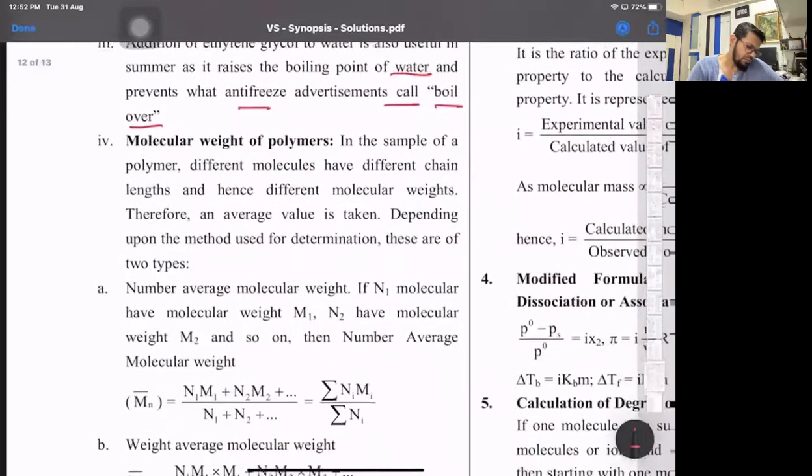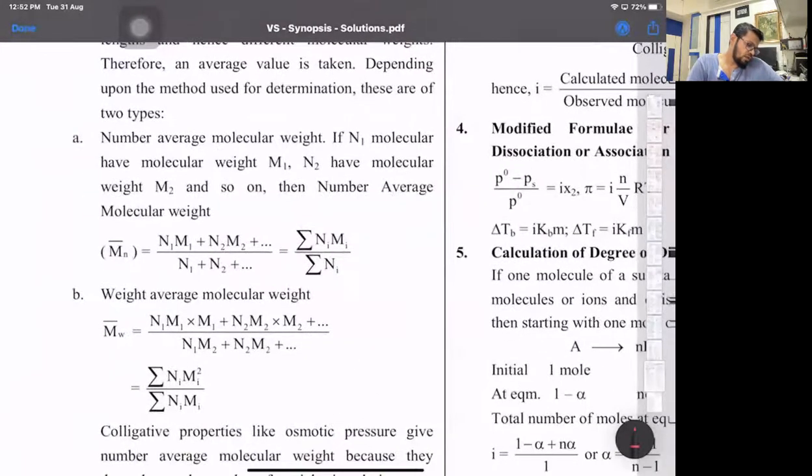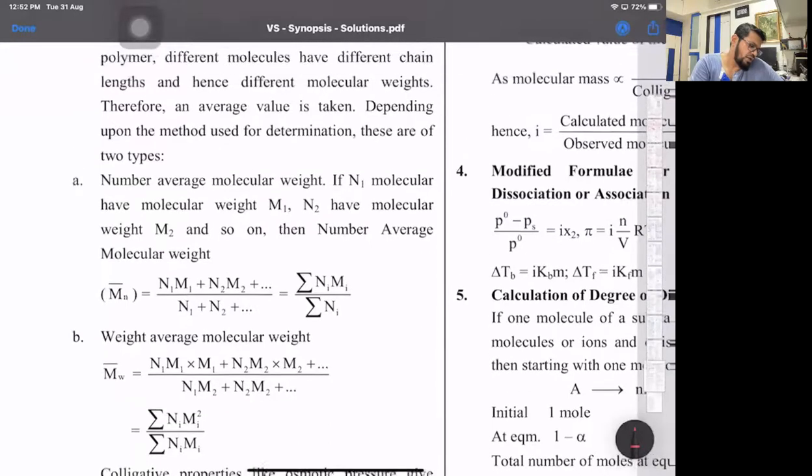Molecular weight of polymers can be found. Then number average molecular weights and weight average molecular weights can be found out. This is basically if we know the number of molecules: if N1 molecules have molecular weight M1 and N2 have molecular weight M2.